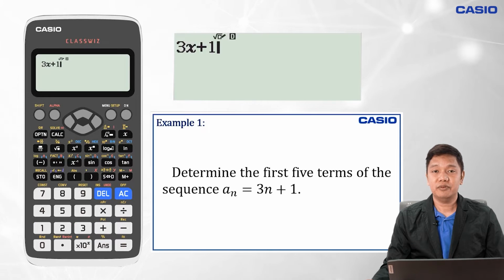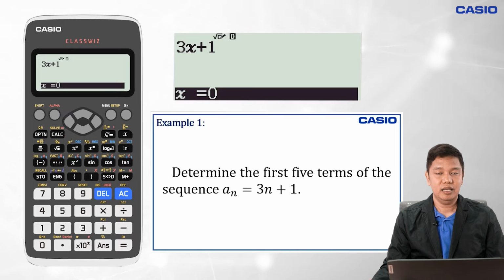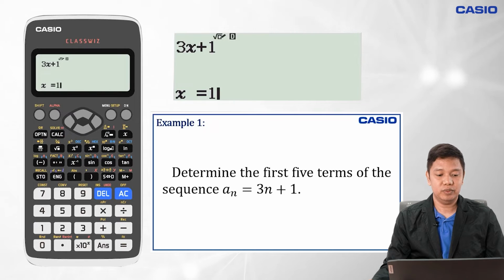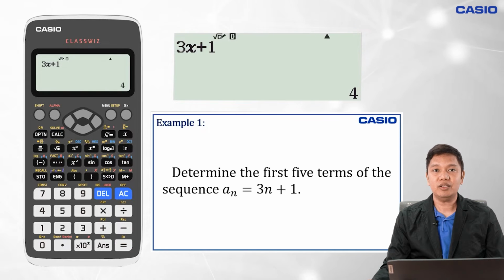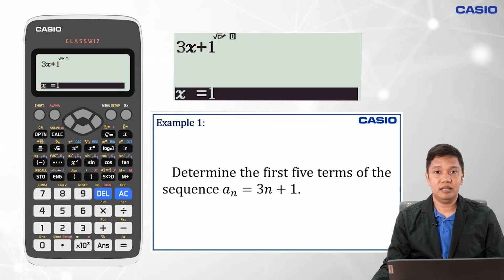To calculate the first term of the sequence, we need to press calculate, and then we are asked by the calculator for the value of x. So press 1 for the first term, which will be equal to 4. So the first term is 4. To calculate the second term, we press calculate again, and our x here now is 2.